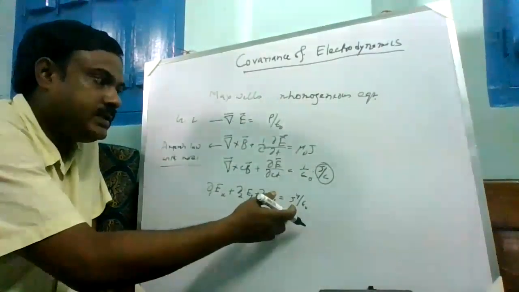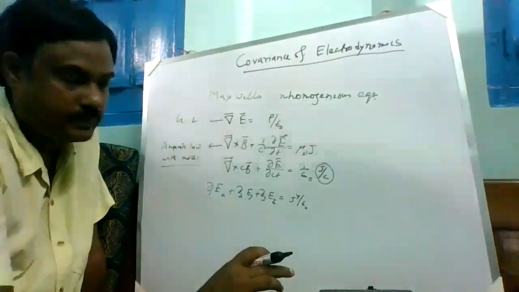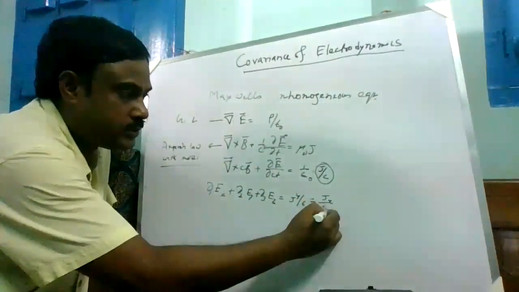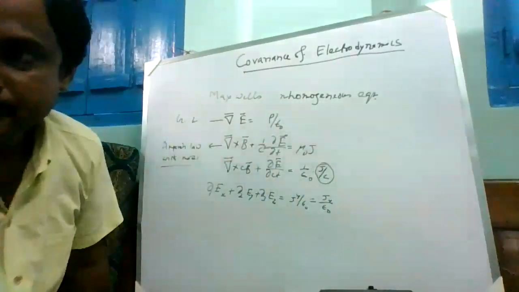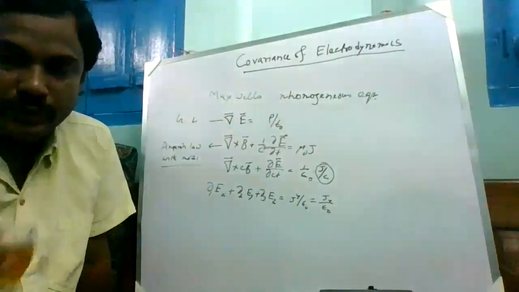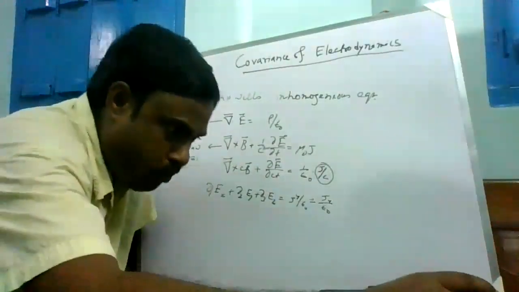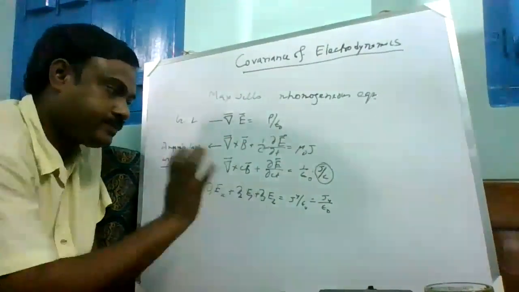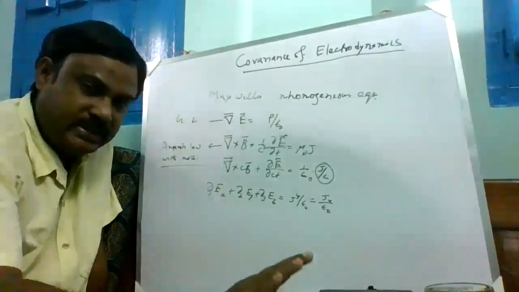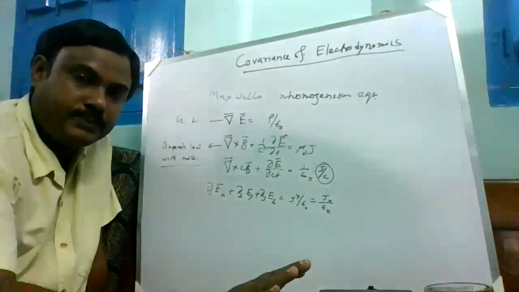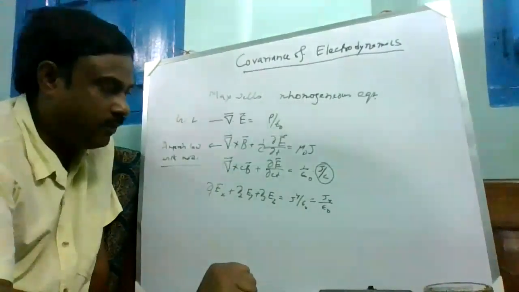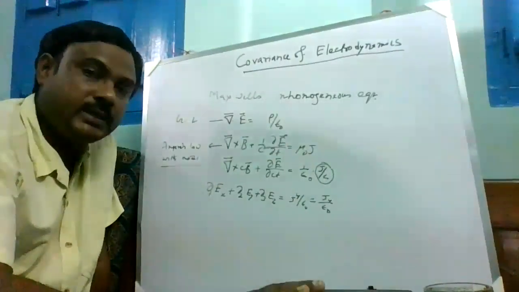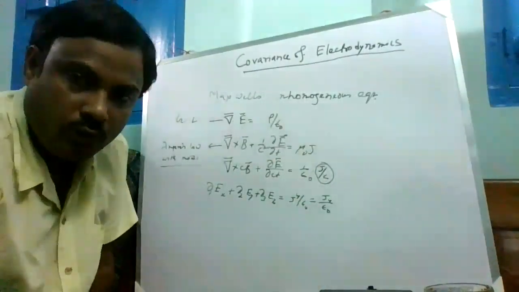Now, this will also be J4 by epsilon 0, because for the fourth component, both contravariant and covariant have the same sign. Now if we insist that the derivatives are generally written in covariant form, you can write in contravariant form also, but generally we write derivatives in covariant form.